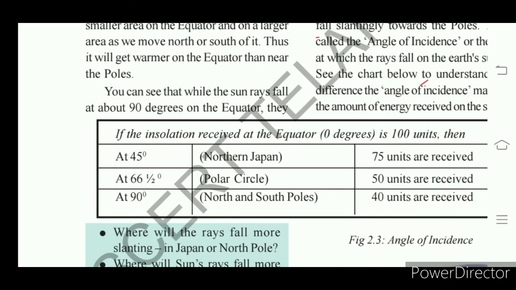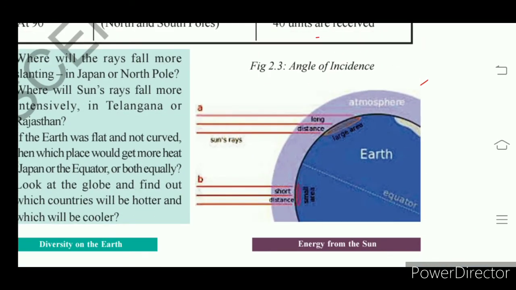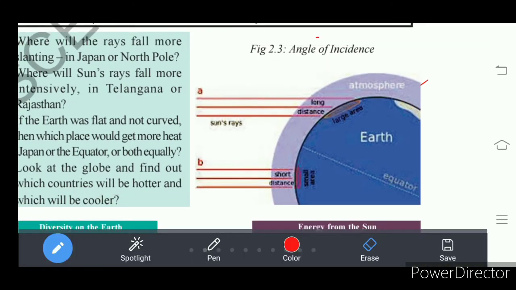So we are getting sunlight and heat. These two are the forms of energy coming from the sun.